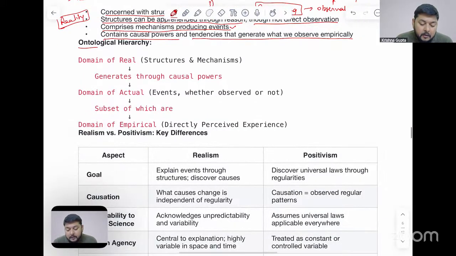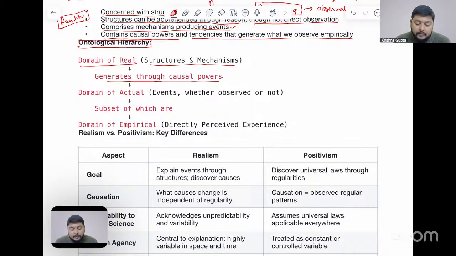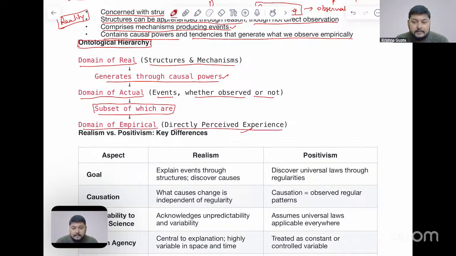Now, the ontological hierarchy which we see here: the domain of the real, the structures and mechanisms, generates through causal powers the domain of the actual, that is events, whether observed or not, which is a superset of the domain of the empirical, directly perceived experiences. So we can interrelate this with respect to the ontological studies and the ontological hierarchy.